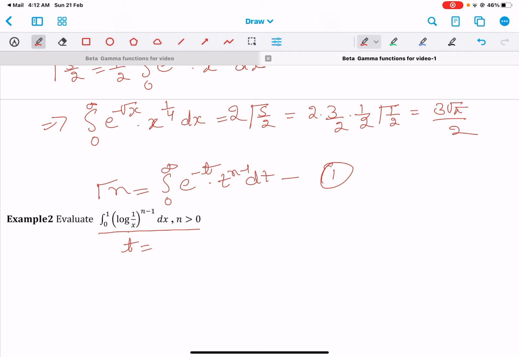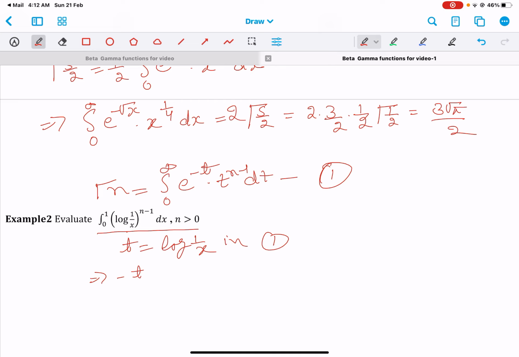So if I put t equal to log 1 by x in 1, this will imply that minus t equal to log x, and this will imply that e to the power minus t equal to x, and also dt equal to, from this expression, minus 1 by x log x.